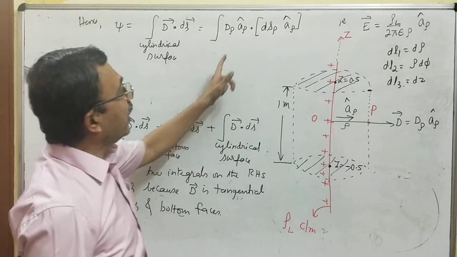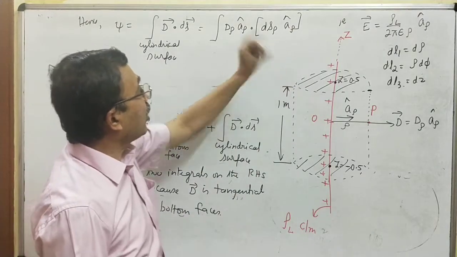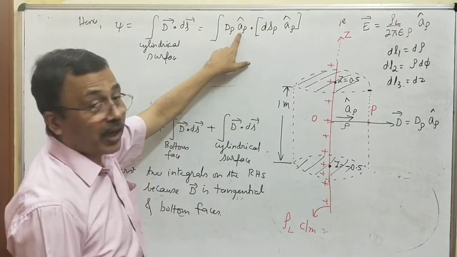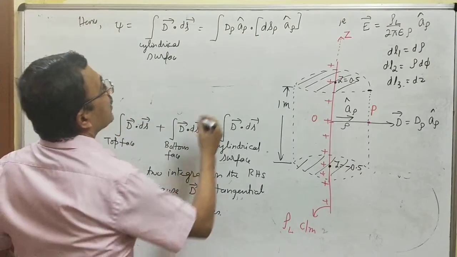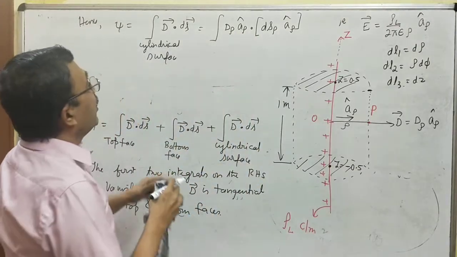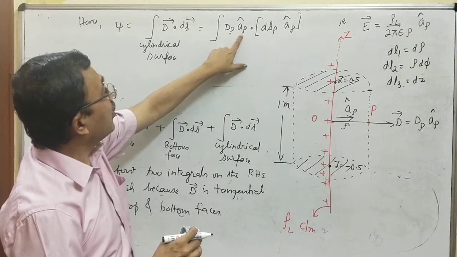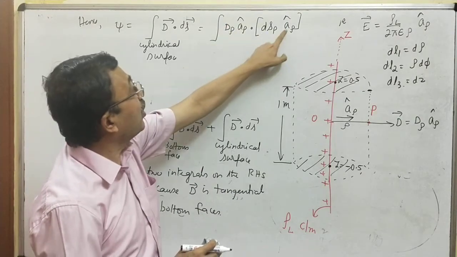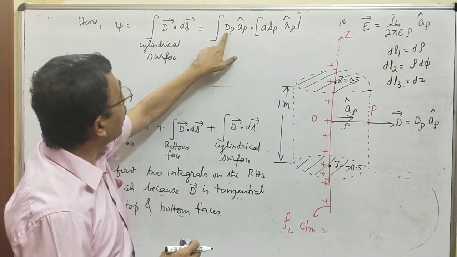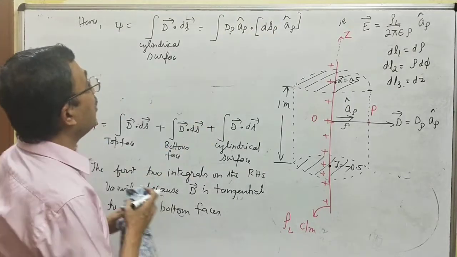So this is nothing but dS rho into unit vector a rho cap. If you take a phi cap and az cap, the dot product of those two unit vectors with respect to a rho cap will be 0. So don't take it. What is important is D rho is in the direction of a rho cap. The area dS rho is perpendicular to a rho cap. Therefore, D rho and dS rho are perpendicular to each other.